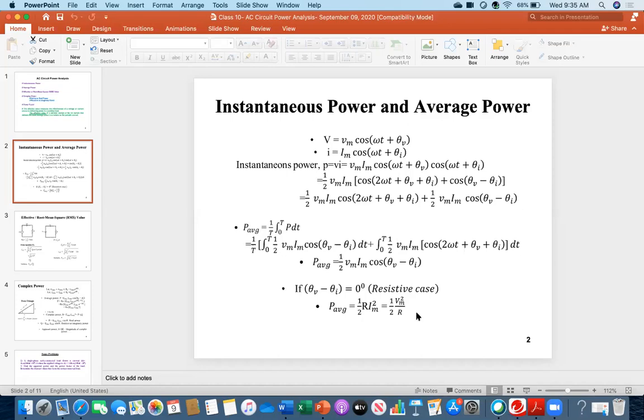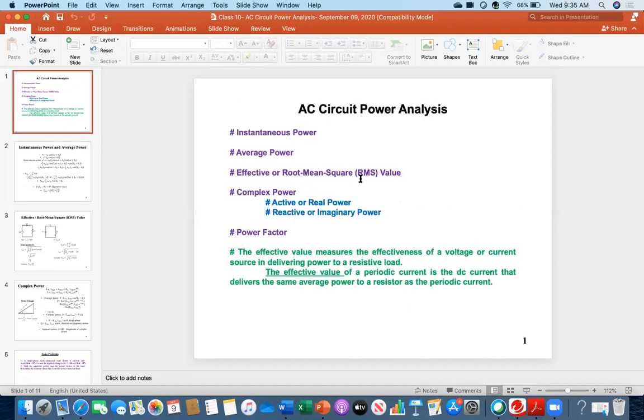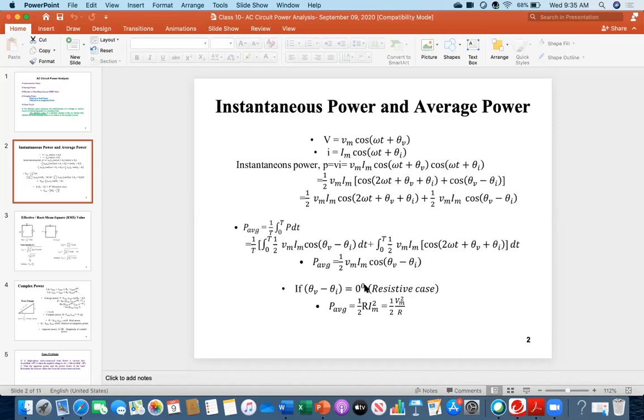But there is an expression today I will show you in terms of RMS quantities. We can even eliminate this half if I express this Im and Vm in terms of RMS quantities. That thing I will be looking at pretty soon. Okay, so moving forward.